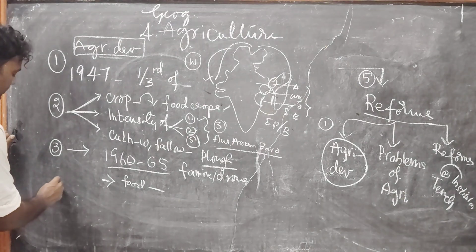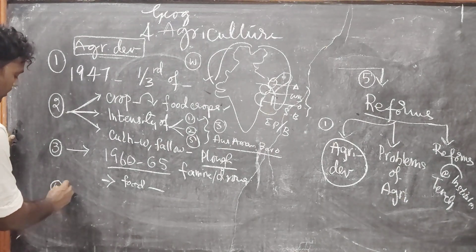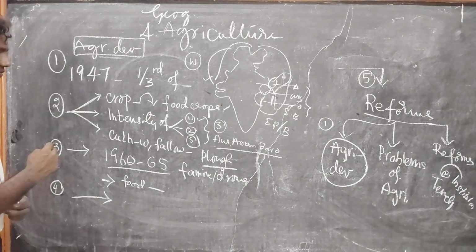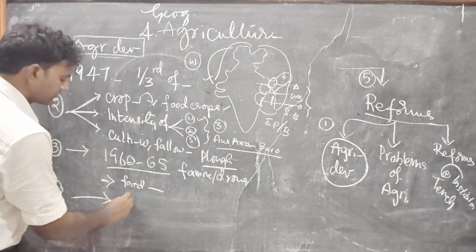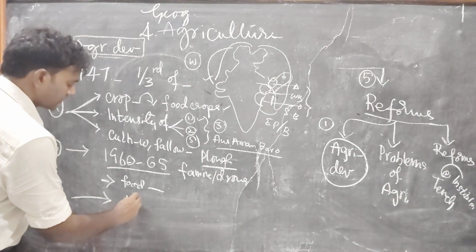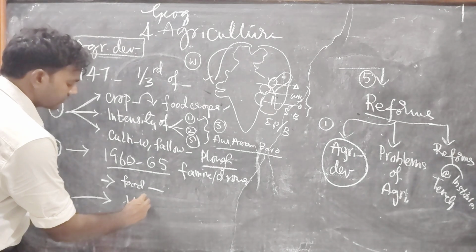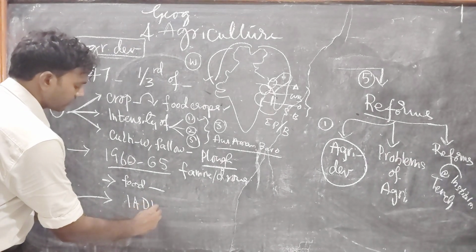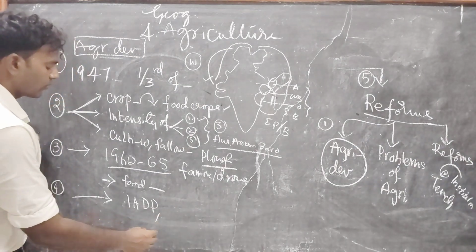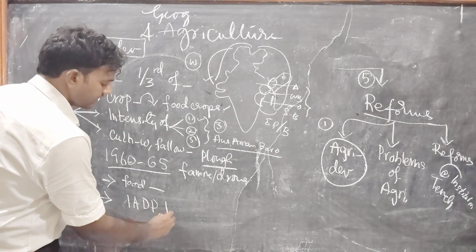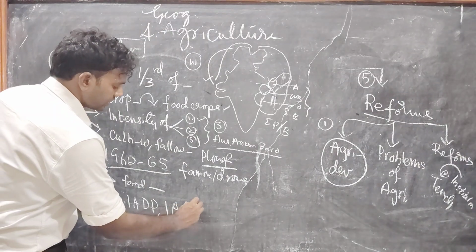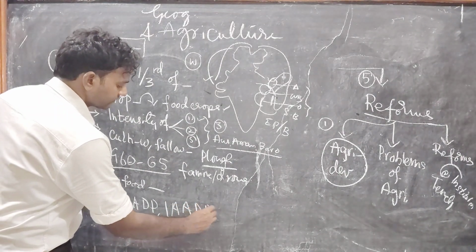Coming to the third point, what happened? We made some changes by making some laws. What is that? The Intensive Agriculture District Program, and also we launched one more program, that is the Intensive Agriculture Area Development Program.